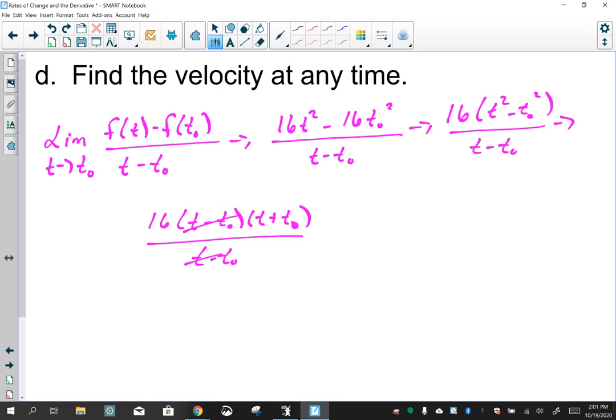So now, if you go back to our limit here, we say the limit as t approaches t sub 0 of 16 times t plus t sub 0. That gives me 32 t sub 0 feet per second.